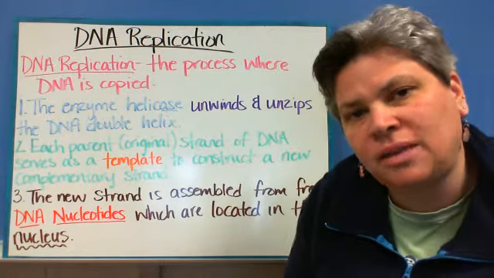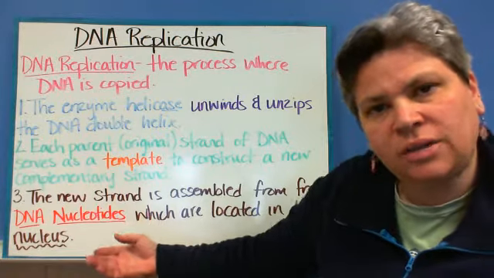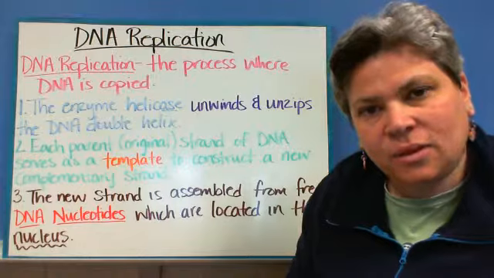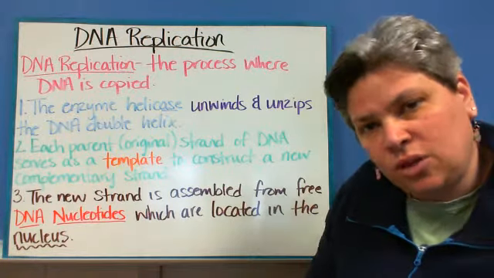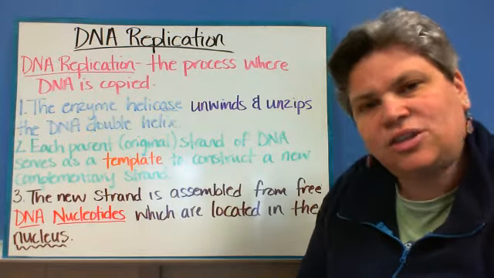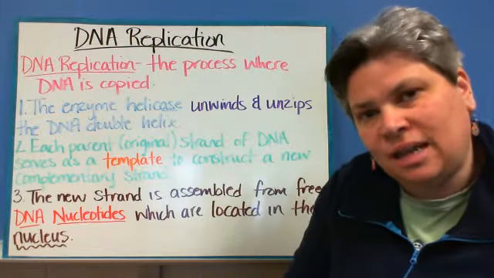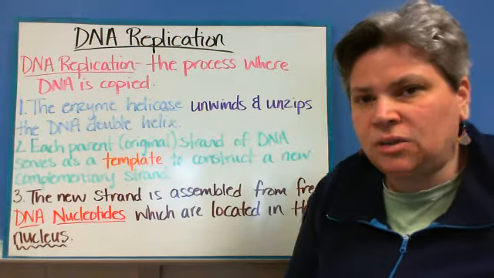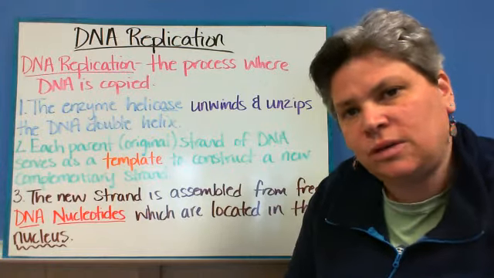So as part of the process of digestion, as you're breaking all this stuff down, those DNA nucleotides get released. And they end up in the nucleus of the cell, and those nucleotides get reused to give us the new molecules. And it's just like with amino acids or glucose or anything else. Remember, DNA is a polymer. So we need to use those monomers, the nucleotides, to build the new DNA molecule.